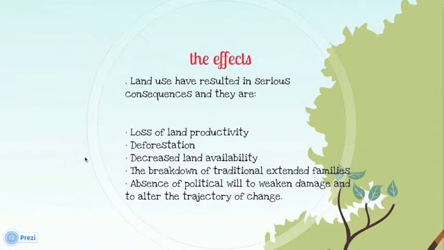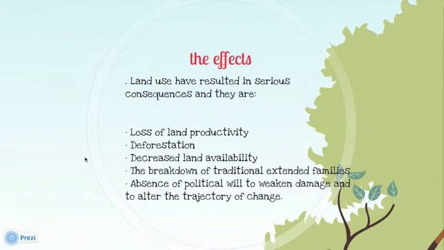The causes that have been listed and explained in the previous section may have resulted in some of the most devastating environmental situations ever. Land use has resulted in serious consequences, and they are: number 1, loss of land productivity.